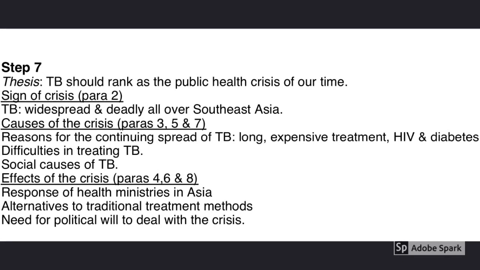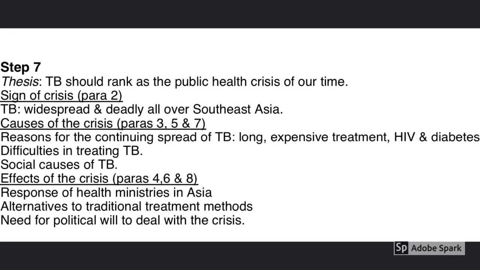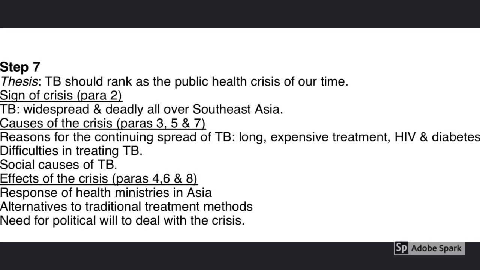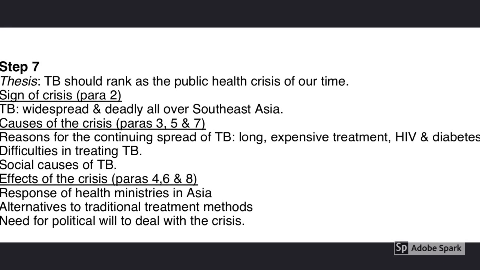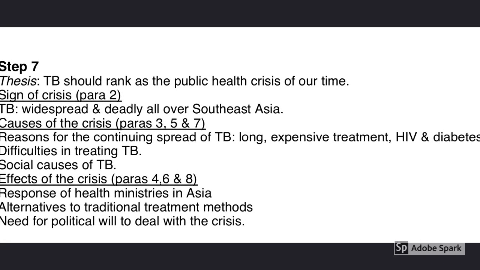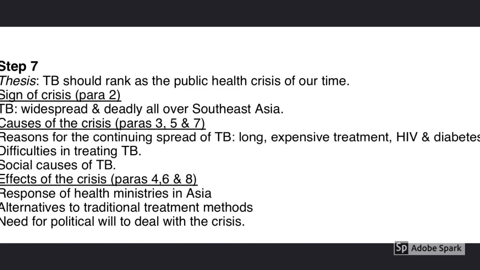Now, all you need to do is to look at these notes as you have organized them in step number 7, and don't go back to the article. Make use of these notes and put them together into 1 or 2 paragraphs. That is all you need to do.